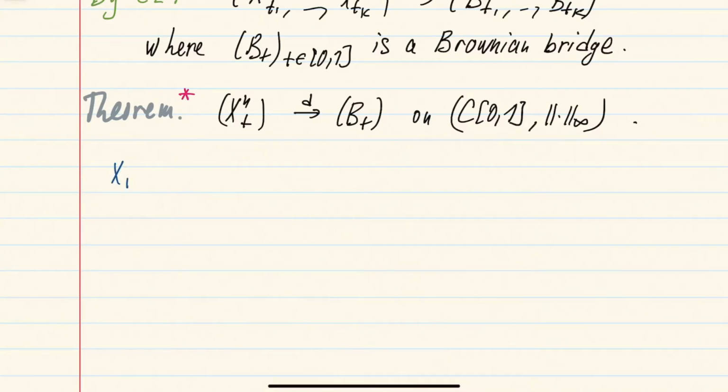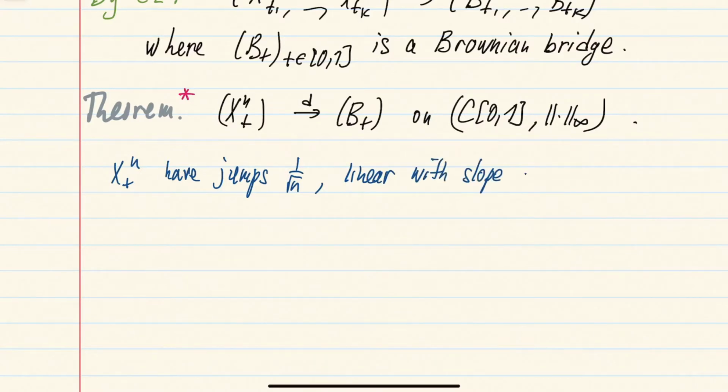So X_n(t) have jumps which are 1 over square root of n by our scalings. And in between the jumps, it's piecewise linear with slope minus square root of n, but the slope doesn't matter to us here. The point is that the jumps are 1 over square root of n, and in between it's monotone or linear.